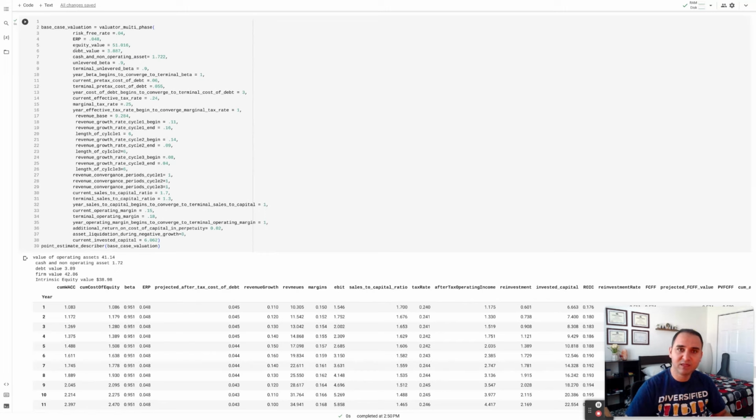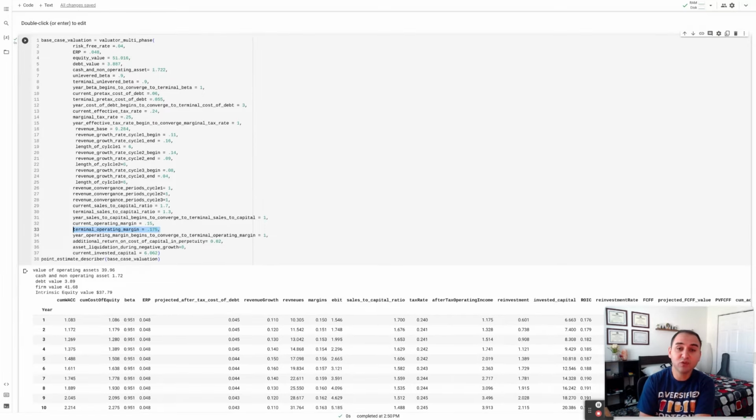Every input that went into this model is coming from a distribution. There's a high and there's a low bound to these numbers. In order to deal with the uncertainty around every estimate that went into this model, I've also created a DCF simulation, or Monte Carlo simulation, where we can provide not a point estimate to this model, but a range of numbers with probabilities assigned to those ranges to come up with a range of intrinsic equity value of the business.